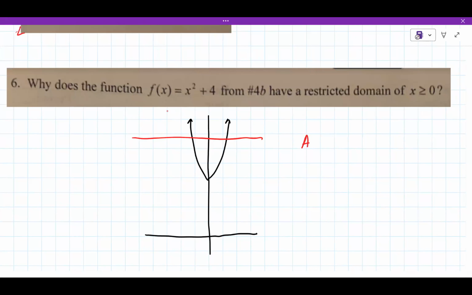A horizontal line hits twice. And what that means is that it's what's called not 1 to 1, and that's very mathy, but it's kind of the full answer here.